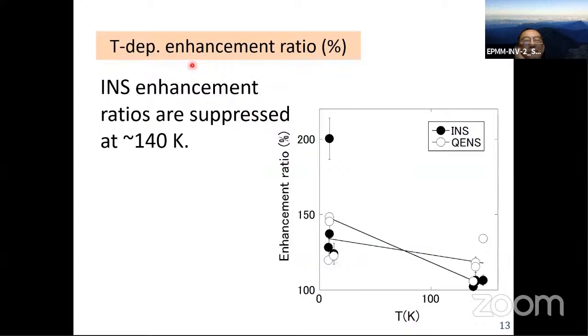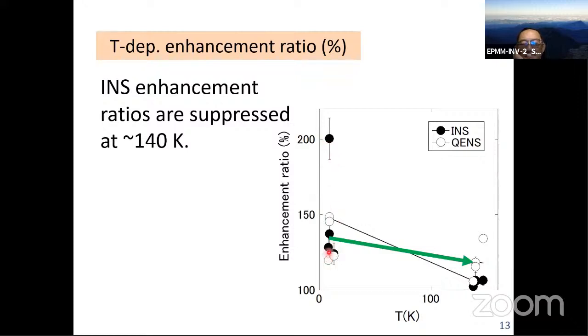The temperature dependence of the enhancement ratio is shown in this figure. Open circles are measured by quasi-elastic neutron scattering. This open circle doesn't change so much with increasing temperature. On the other hand, filled circles are measured by inelastic neutron scattering.